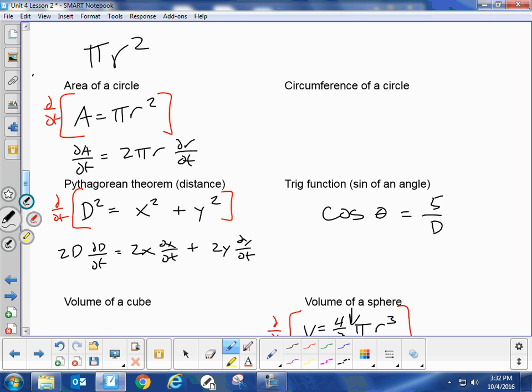We'll talk about that in the future. But you'll need to take the derivative with respect to t of this formula. What would be the derivative of cosine of theta? Negative sine theta d theta/dt.